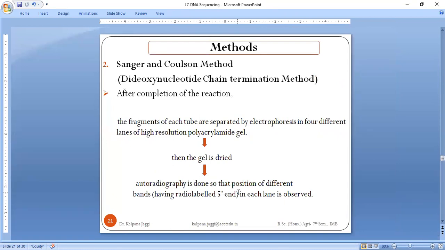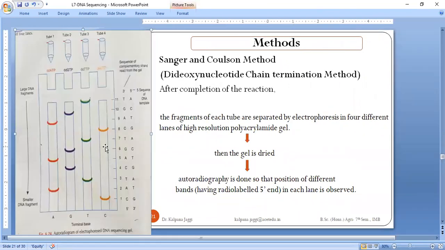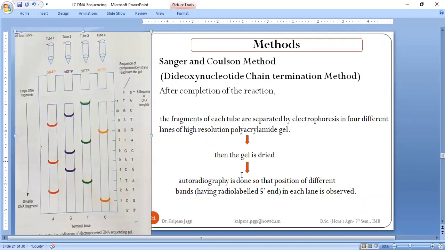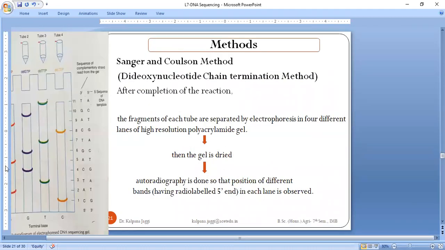Autoradiography is done so that the position of different bands is seen, because all the bands have a radio labeled 5' end, so this lane is observed. But one thing is there: if you remember, we often had the bands where there is no attachment of A. This will not be visualized in this electrophoretic gel, right?